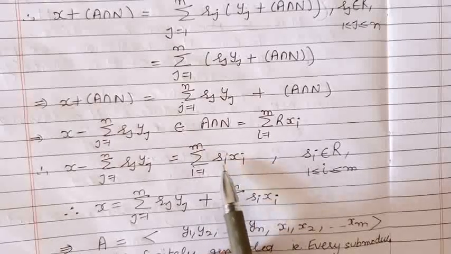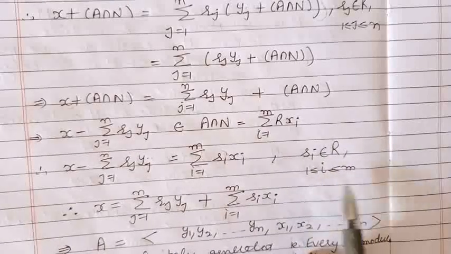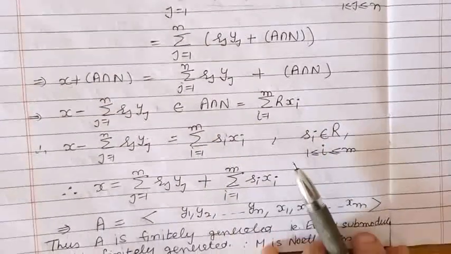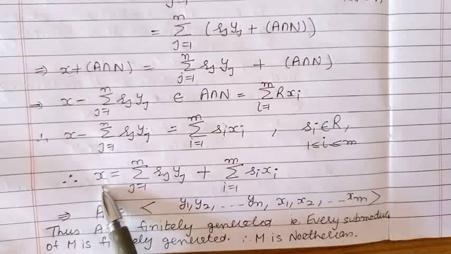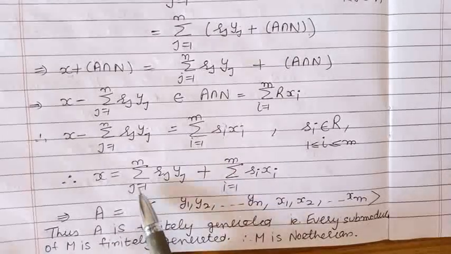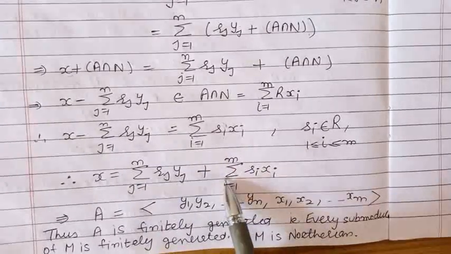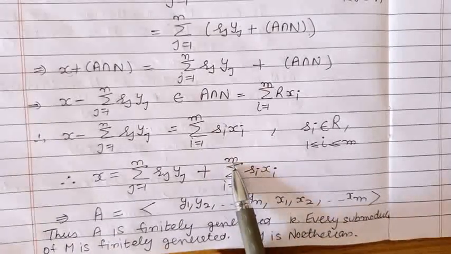These si are the coefficients from the ring R. So from here we can find the value of x. So x can be written as summation rj yj, where j varies from 1 to n, plus summation si xi, where i varies from 1 to m.